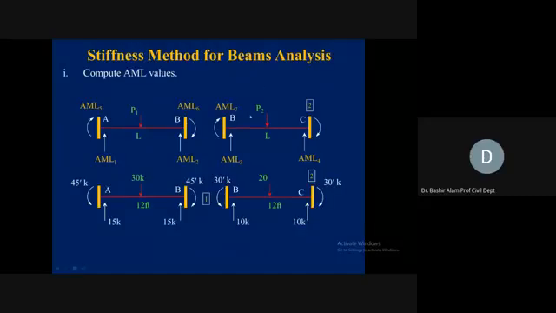Here, for the AML values, where will we be picking them from? From where we generated our ADL matrix. The ADL matrix was generated for the restrained structure under the actual loads from those member end actions.